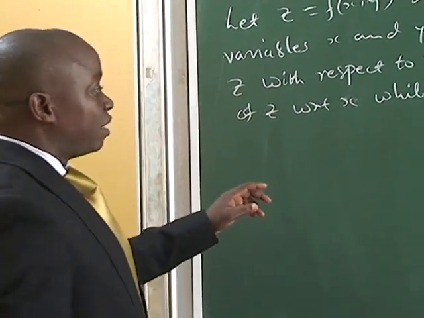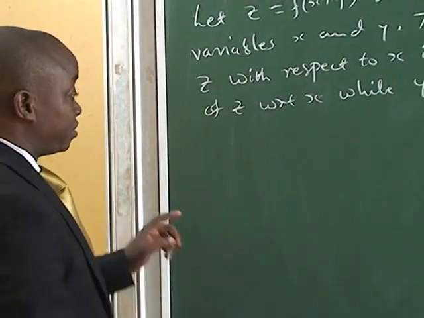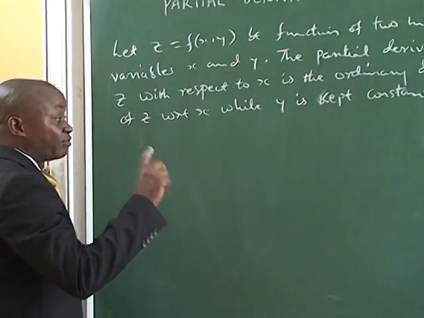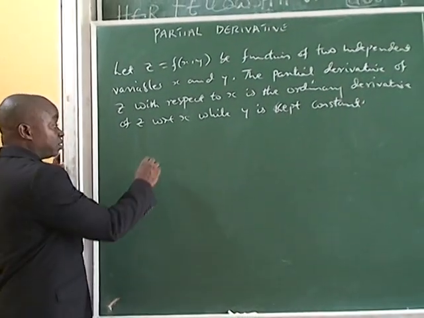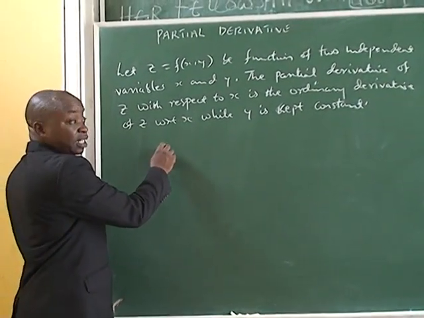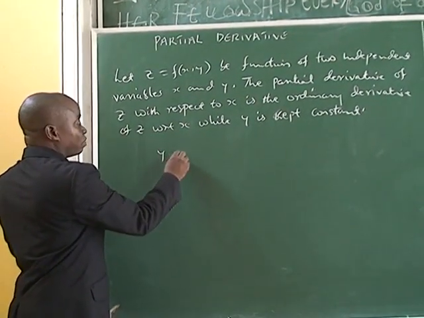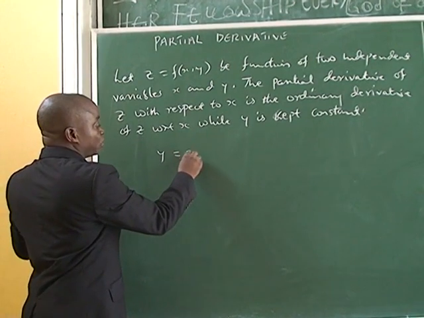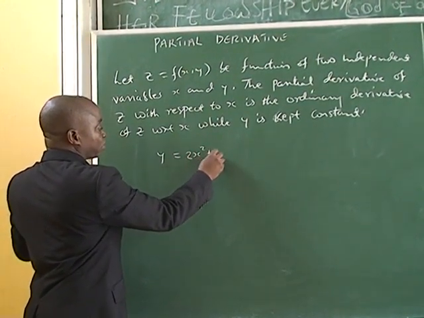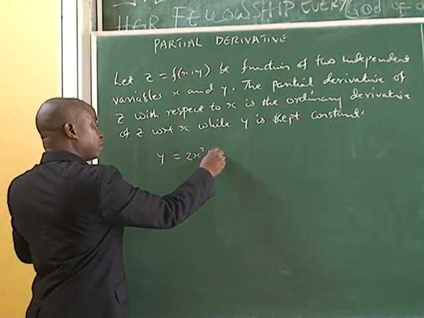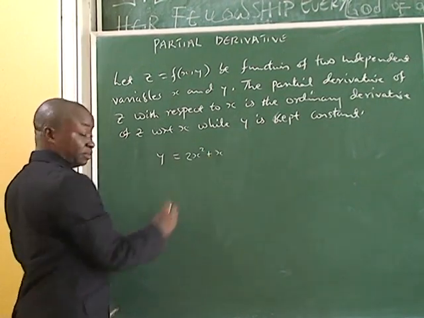So now, let me show you one simple thing. Recall that in a function of one variable, suppose I have y equals maybe 2x squared plus x.